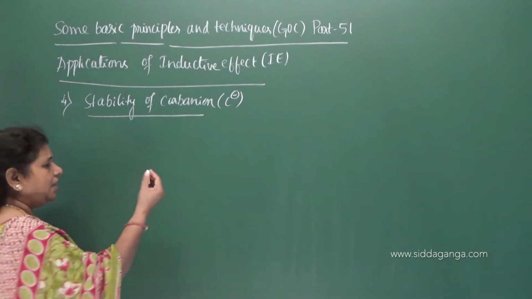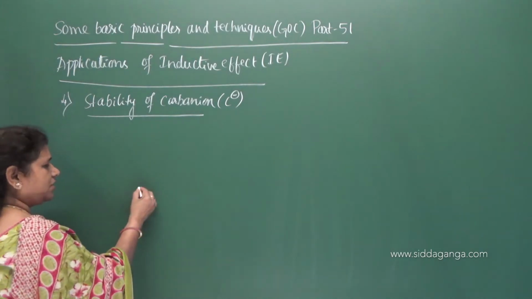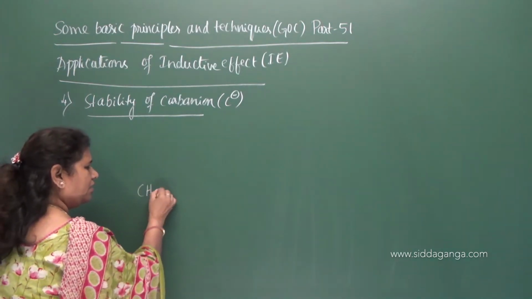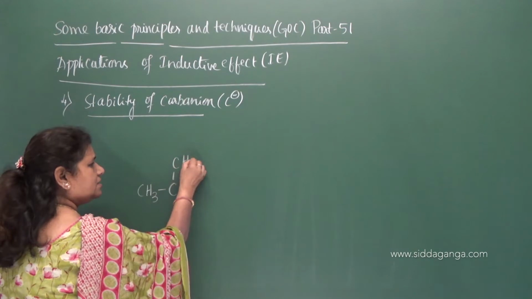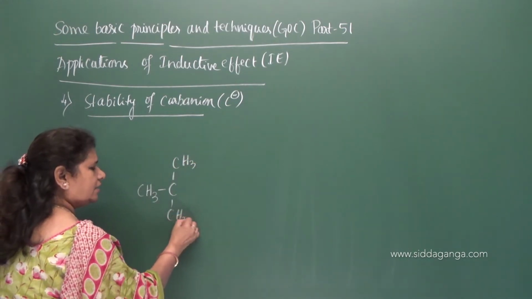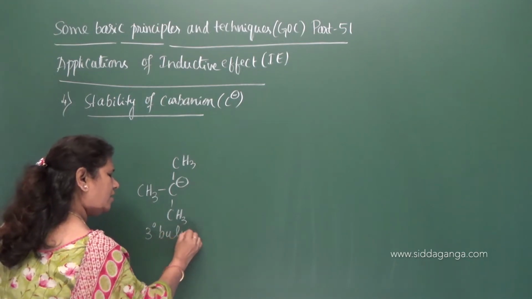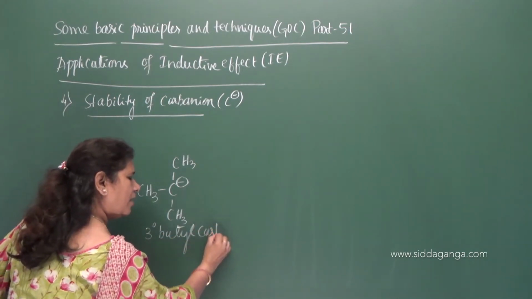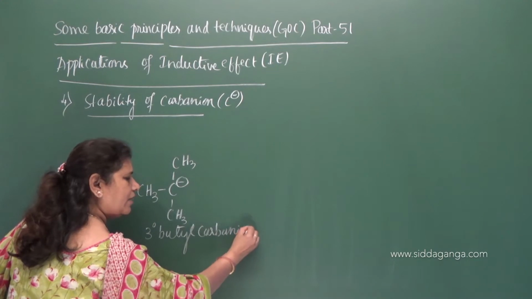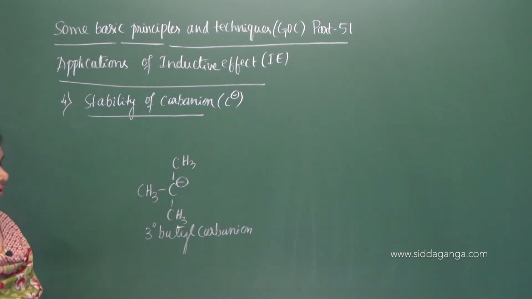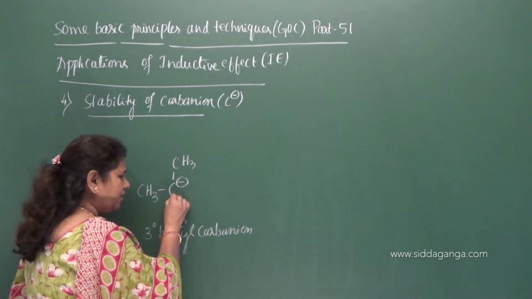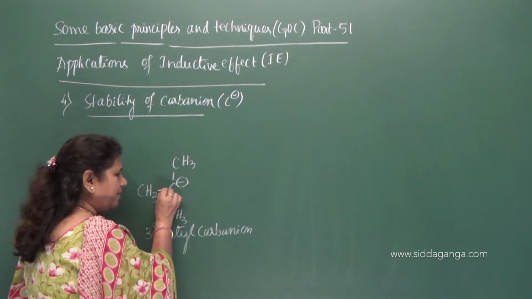Which means to say, let me consider the tertiary carbanion here. CH3, CH3, CH3, and here is a negative charge. This is called tertiary butyl carbanion. In this case, the negative charge is on the tertiary carbon, correct?